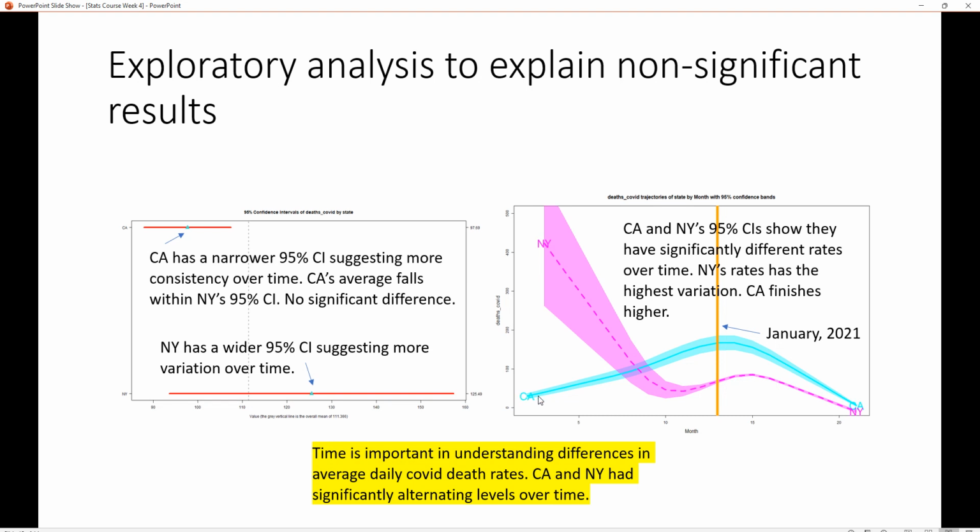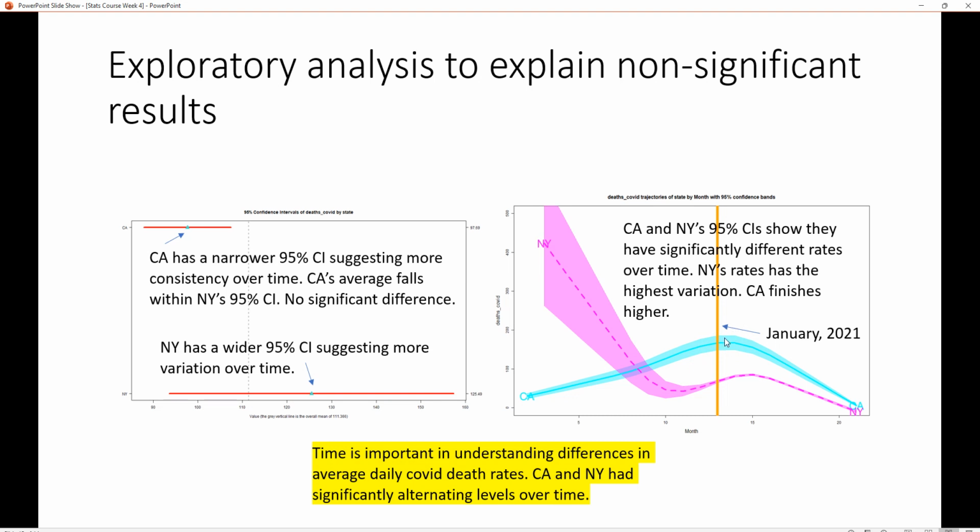For California, it slowly went up in 2020, peaked around January of 2021, and you can see with this wider band in the winter months, you can guess. I'm looking at a smooth trend, but I can guess because of this greater variation represented by that wider blue band that it went up and down for those months.